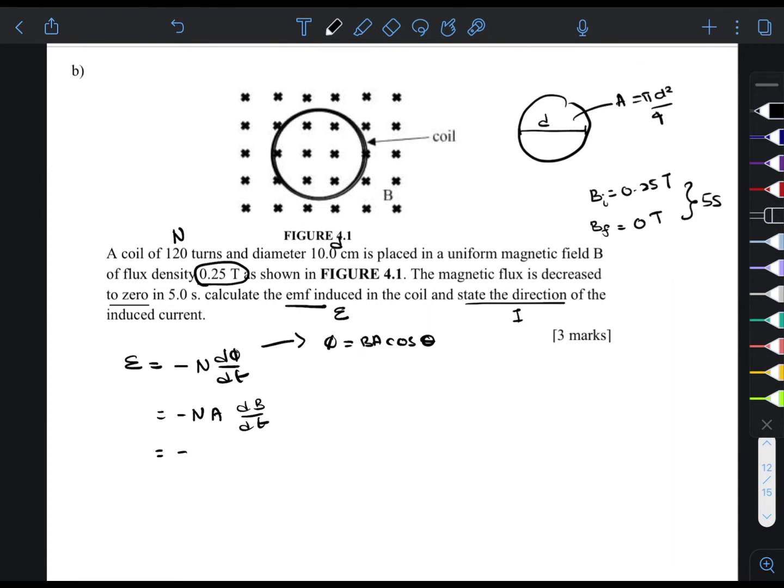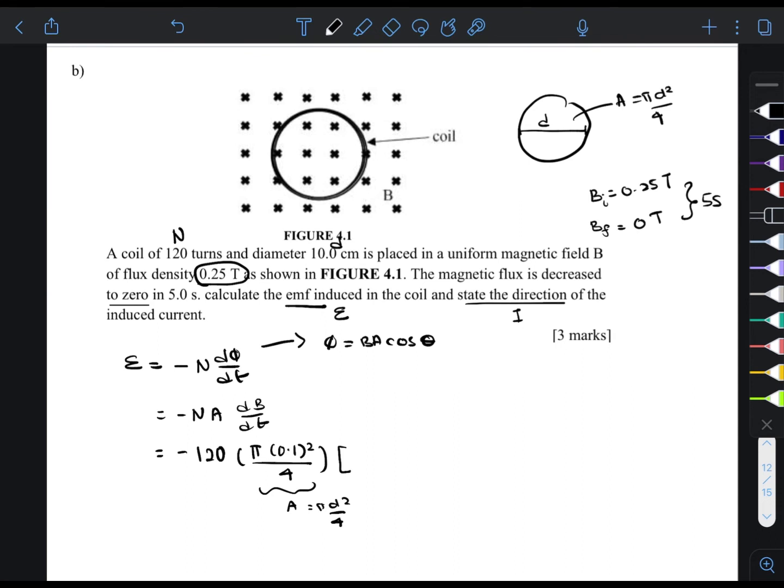Then N is 120, A here is pi D square, where D is 0.1, squared, divided by 4. This is your area, which is pi D square over 4. If you want to do it separately and then substitute the values, that is fine, no problem. And then dB over dt is the change in the magnetic field with respect to time.